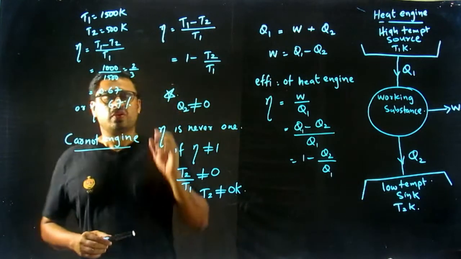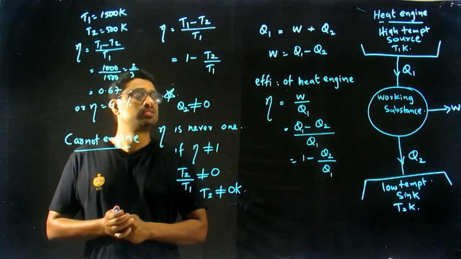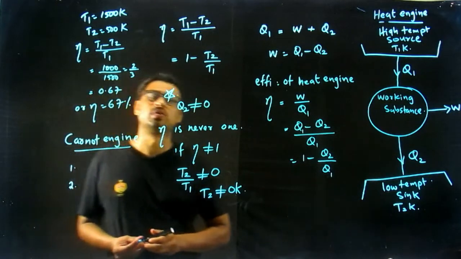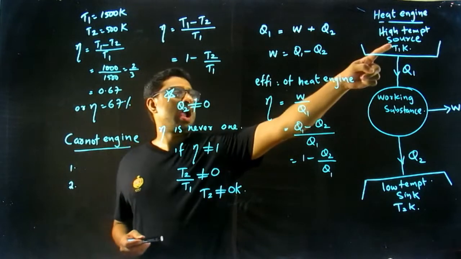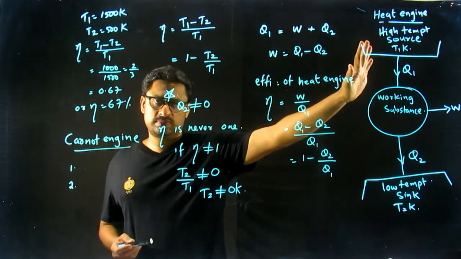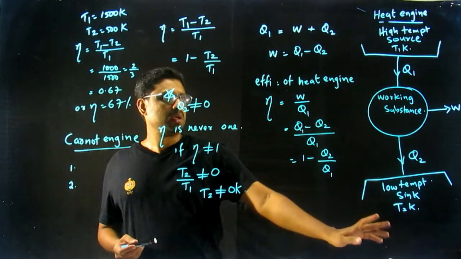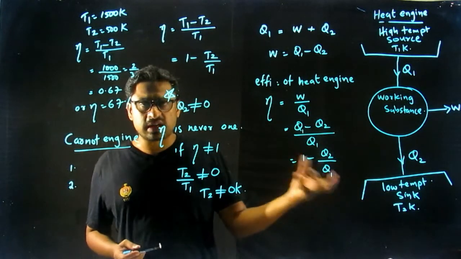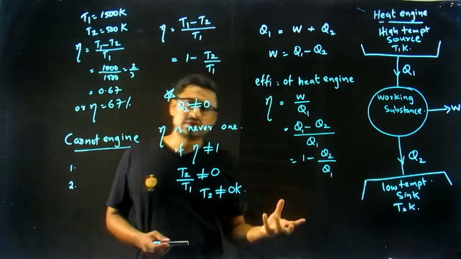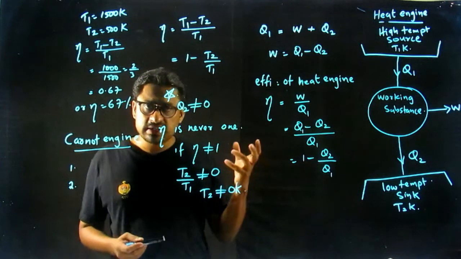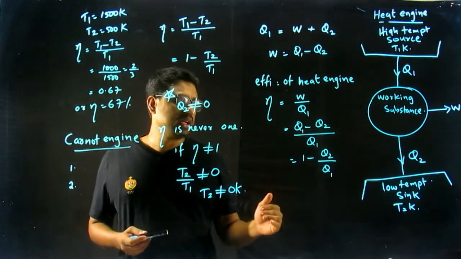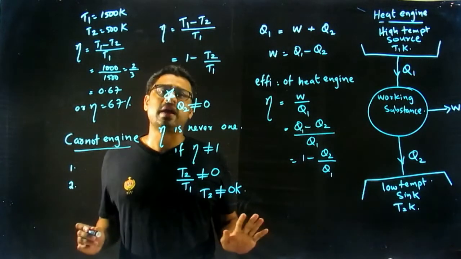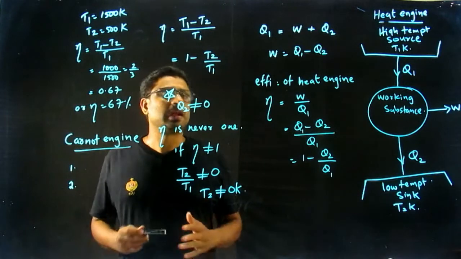For an engine to be a Carnot engine, there should be 3 requirements, or you can conclude it as 2 requirements. One, the source should never cool down and the sink should never heat up. Means both source and sink should have infinite thermal capacity. Second thing, the working substance should be a perfect gas, not having any kind of friction like that.